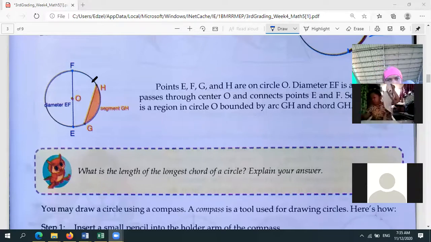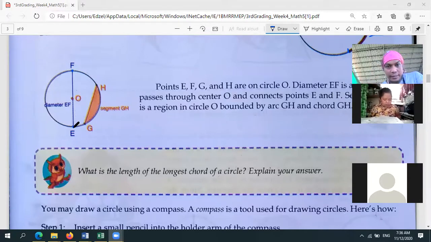So, diameter. Back to the diameter. Diameter is a chord. Right? A chord is two points on the circle that we connect. That's an example of a chord. But diameter is a chord that is special because it passes through the center of the circle.